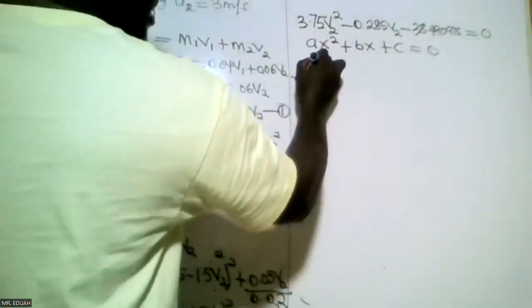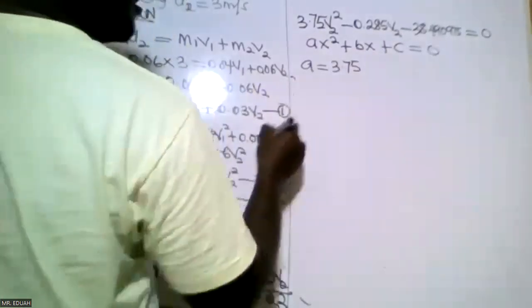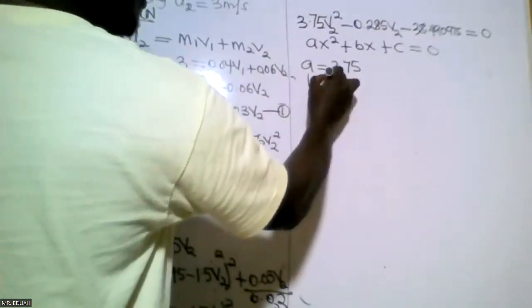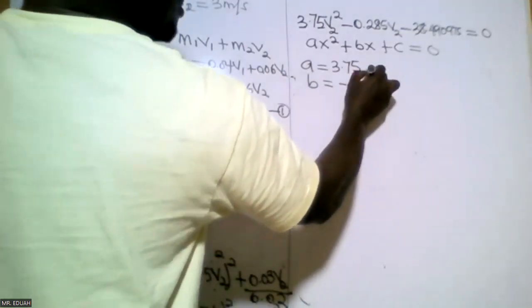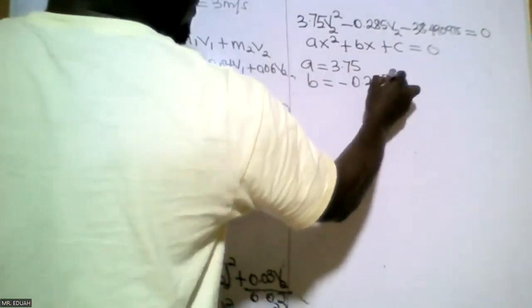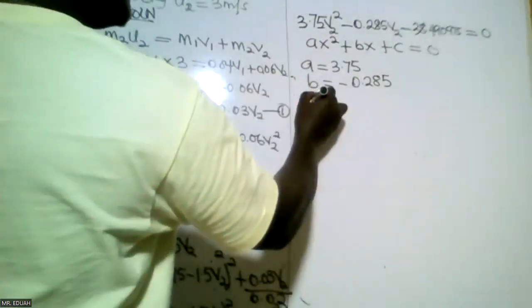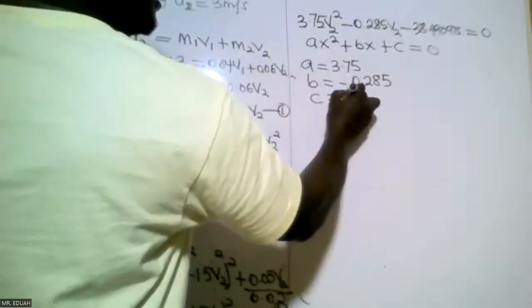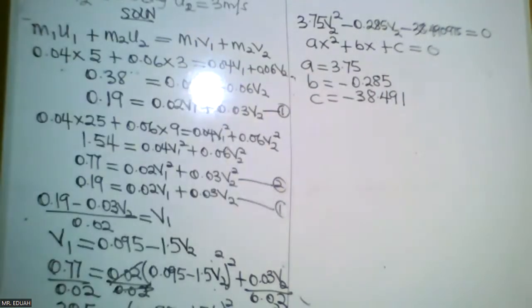A is equal to 3.75. B is equal to negative 0.285. And C is equal to negative 38.49. Let's shorten it: 38.491.